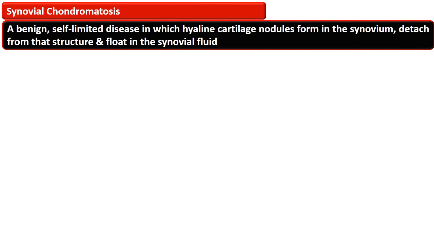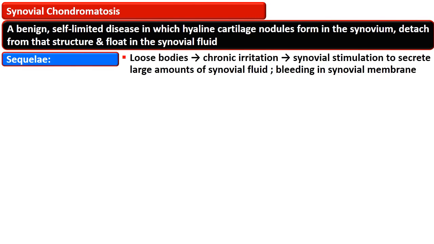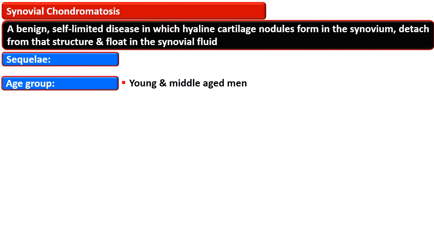This disease is a benign self-limited disease in which hyaline cartilage nodules form in the synovium. They detach from the structure and float within the synovial fluid. The loose bodies will result in chronic irritation, and the synovium is stimulated to secrete a large amount of synovial fluid. There may be bleeding within the synovial membrane.